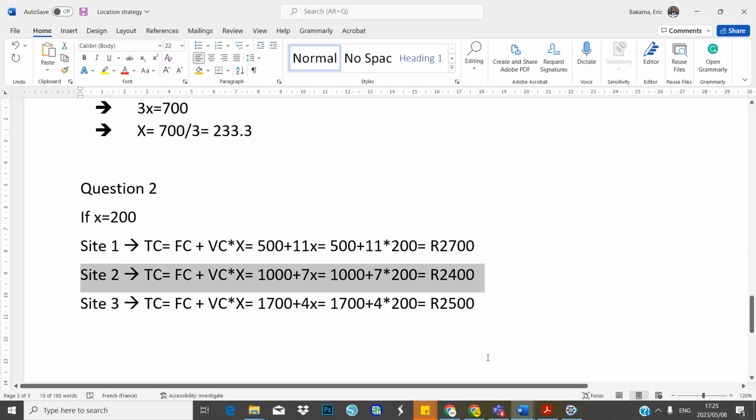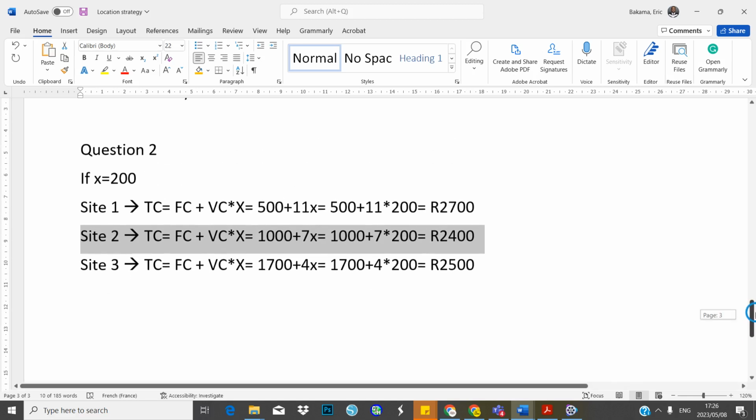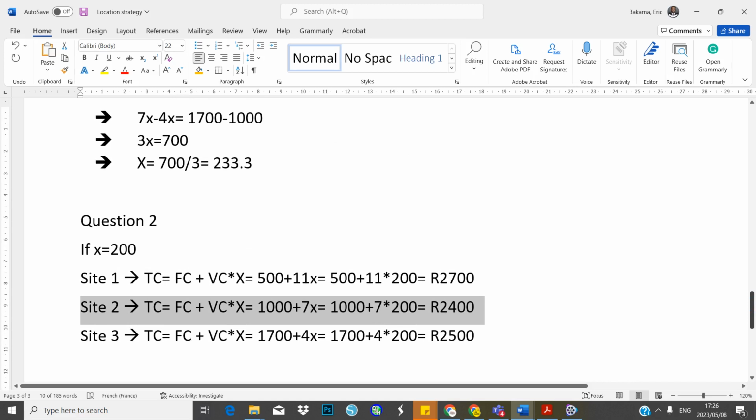But then we need to identify the range as well, to know which range is going to be best. I wouldn't want to do it now, to keep the video from getting longer, and it is not part of the question at this point. But in our next videos, if you find a question like that, we'll probably make that video. It will be a little bit longer, but quite interesting.